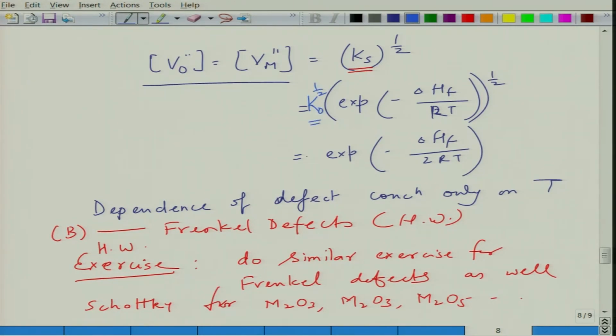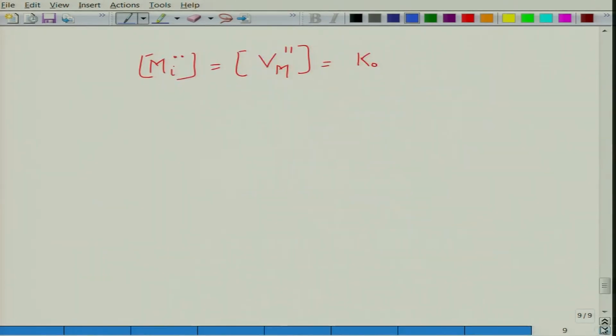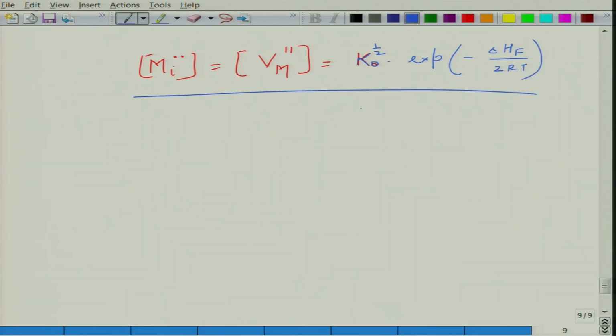So this will become K naught to the power half, but even if you do not write K naught, you should understand the expression. It is basically some constant to the power half into exponential of minus delta Hf divided by 2RT. You should get a similar expression for Frenkel. Okay.